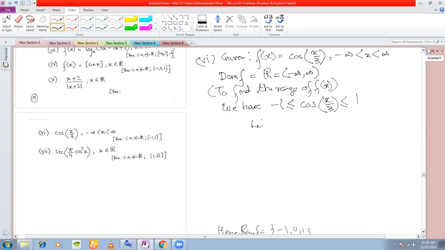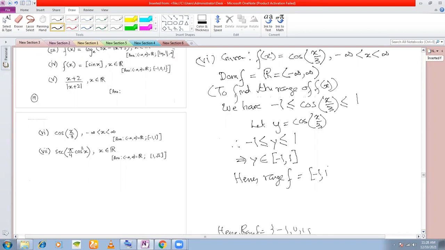So if I say y is equal to cos(x/3), then y must lie between minus 1 and plus 1. That means y belongs to what interval? This closed interval, right? Hence, what is the range of f? This closed interval itself. That's it. So this was an easy one also.